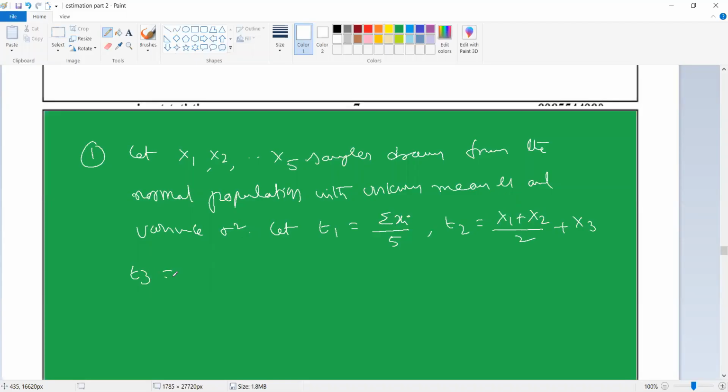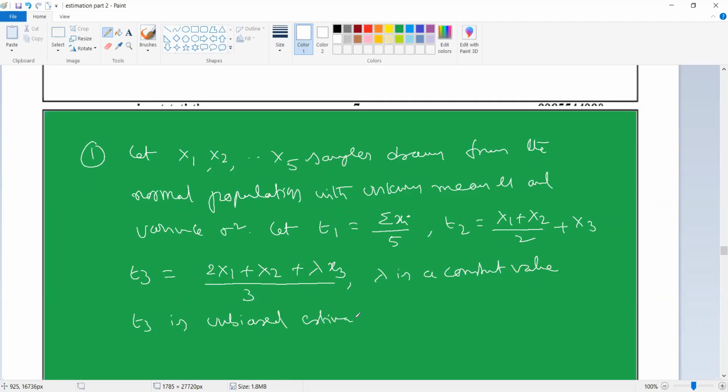Another statistic, T3, is (2x1 plus x2 plus lambda x3) by 3, where lambda is a constant value. T3 is an unbiased estimator of mu.